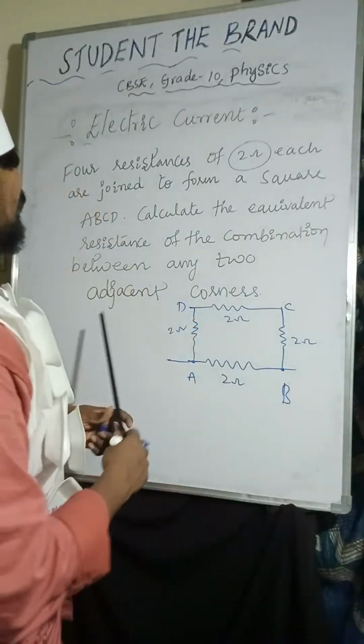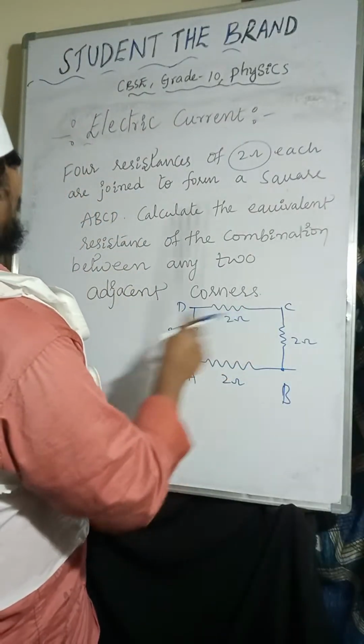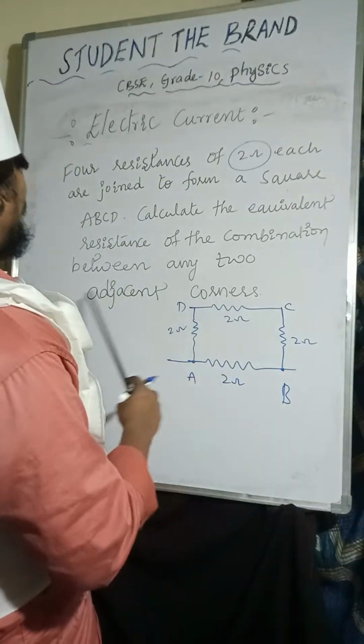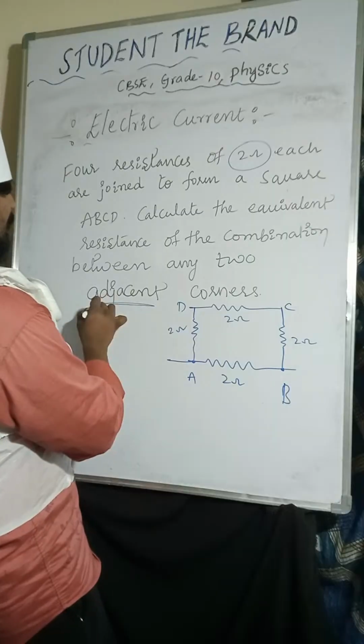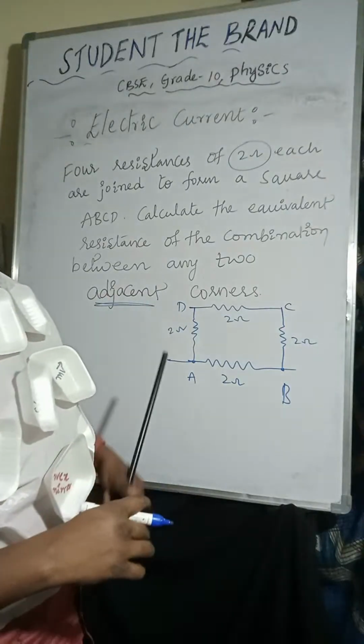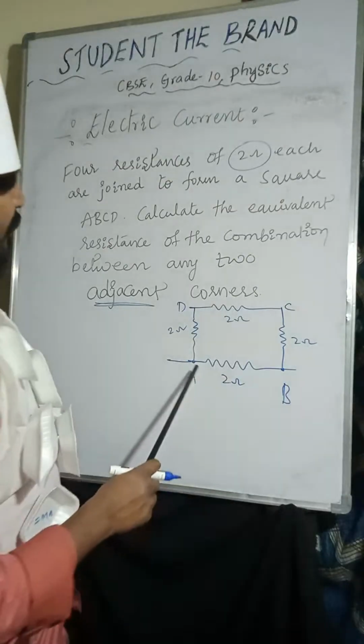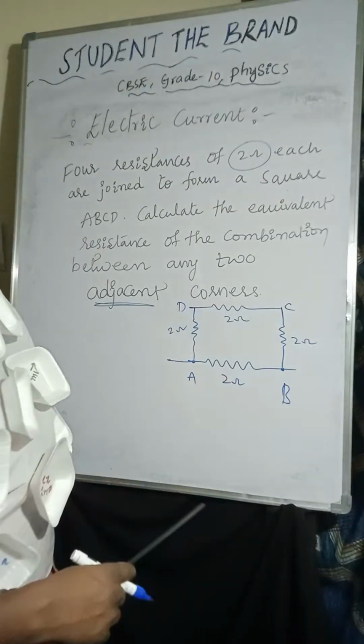Calculate the equivalent resistance between any two adjacent corners. I'm taking these two, A and B.